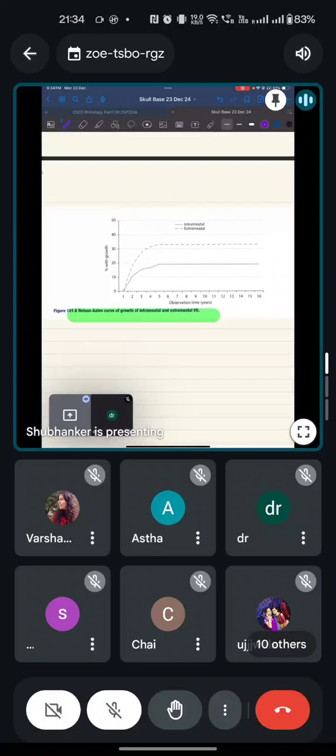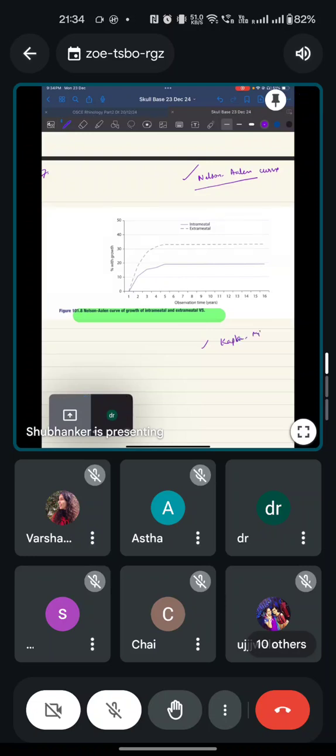Now there is a named curve which we use in vestibular schwannoma. The name of this curve is the Nelson-Allen curve. There are two curves which are important for an ENT resident for exam purposes. One is the Nelson-Allen curve, and the other, when you read, is the Kaplan-Meier curve.